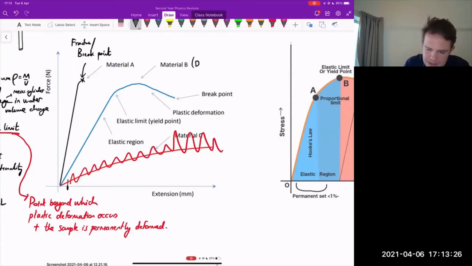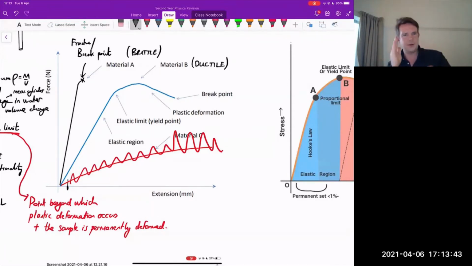So material B would be what you describe as ductile, in that it can be deformed plastically for quite a long extension. So there are 2 types of material that you should be able to distinguish between: brittle, with not much plastic deformation and sudden fracture, and ductile, with a considerable amount of plastic deformation beyond the elastic limit.